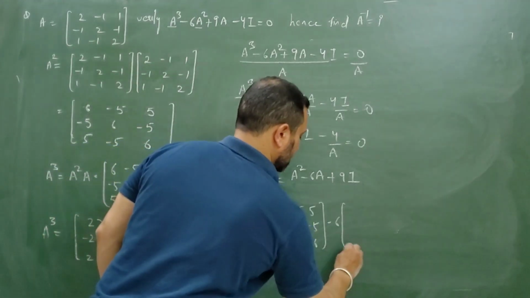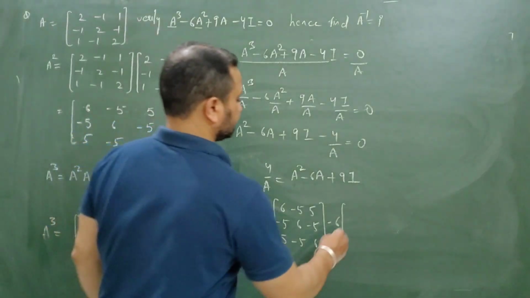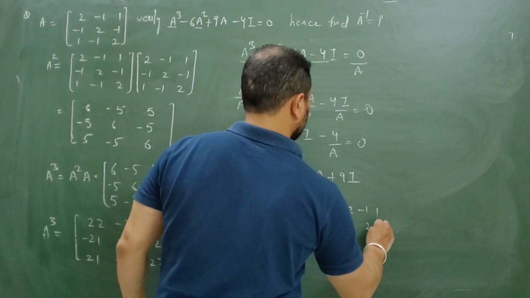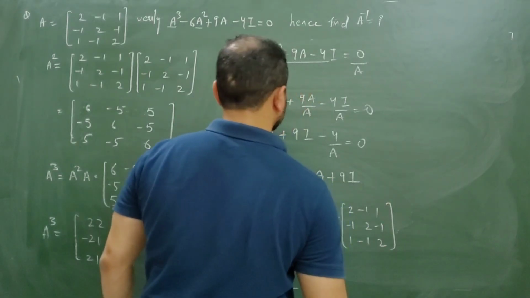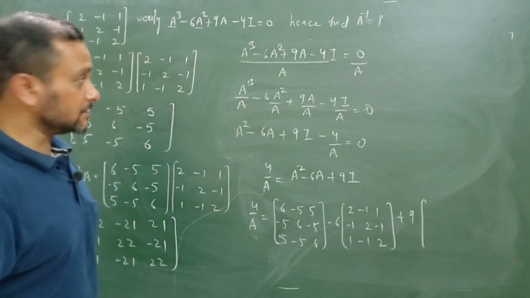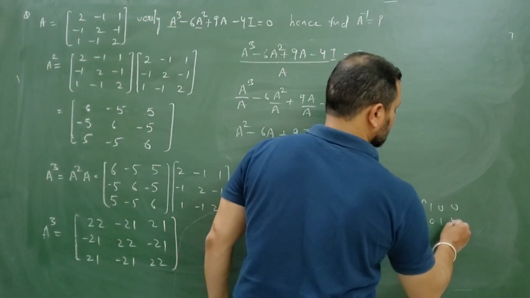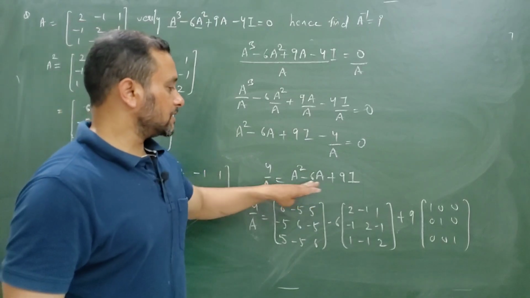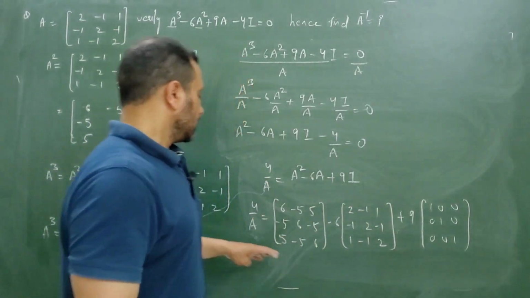Next, the matrix A is 2, minus 1, 1, minus 1, 2, minus 1, 1, minus 1, 2, plus 9 times the identity matrix, which is 1, 0, 0, 0, 1, 0, 0, 0, 1. So in this equation we placed the values of A square, A and the identity, these three matrices.